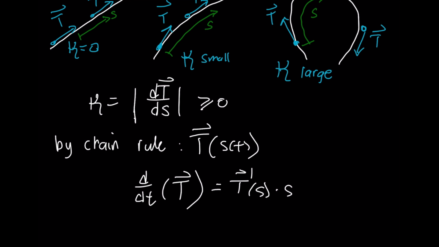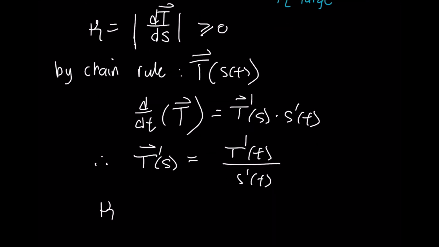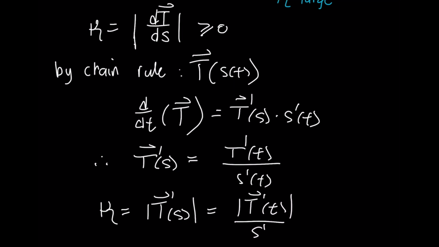So that means then that this derivative with respect to s is simply going to be the derivative with respect to t over s prime of t. And that means then that the curvature, which is the magnitude of this vector, is going to be the magnitude of this over s prime of t.